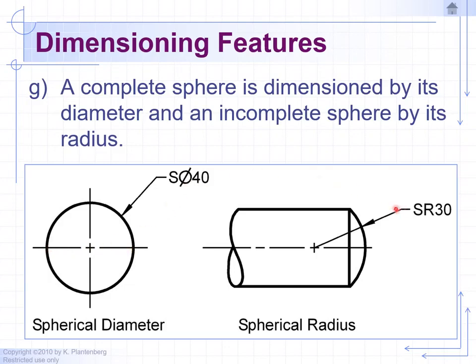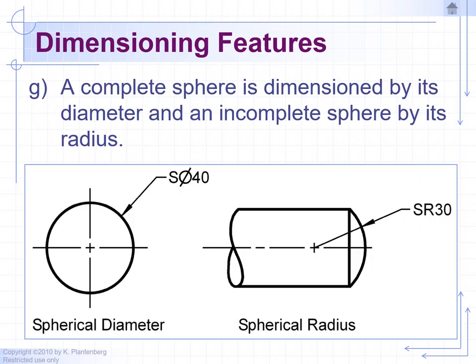When you have a partial sphere, like the tip of a pool stick, that's a partial sphere. Then we don't use diameter, we use spherical radius. So that's the difference. When you're dealing with the complete sphere or something close to a complete sphere like a trailer hitch ball, then you use spherical diameter. When you're dealing with a partial sphere, then you use spherical radius.